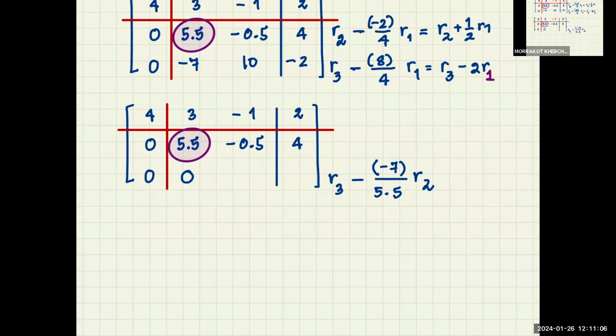It's gonna be 10 plus 7 multiplied by negative 0.5 divided by 5.5, which is something like 9.3636. And then you get -2 plus 7 over 5.5 times 4.